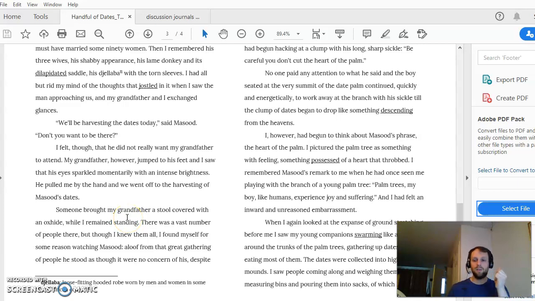So when you think about that, it's mentioned again and again and again, you have to think that it might have some deeper meaning other than just the fact that he's tall.